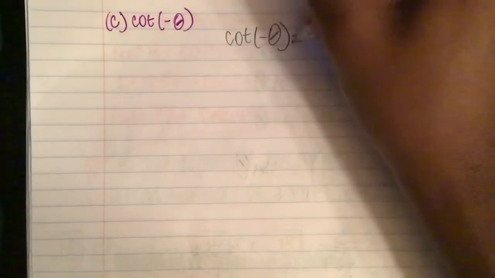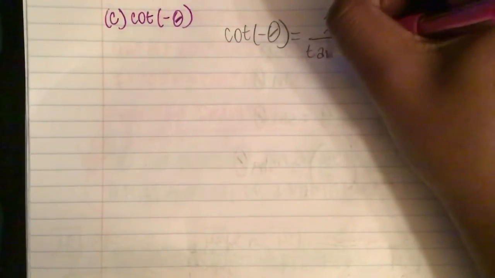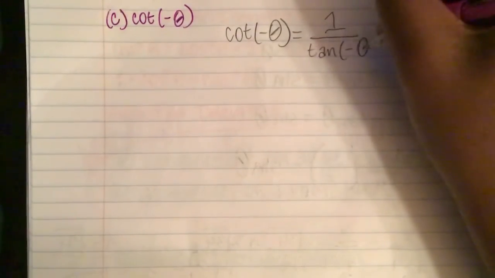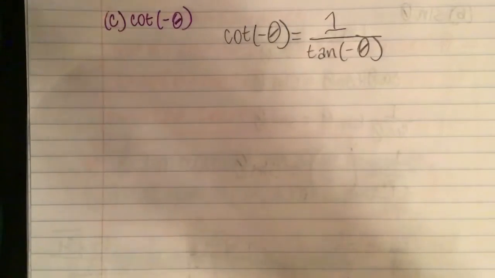So we're going to take the cotangent of negative theta, and that's going to be equal to 1 over the tangent of negative theta. Remember our reciprocal identities?